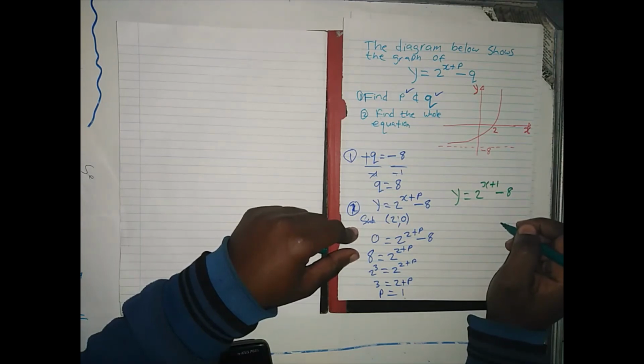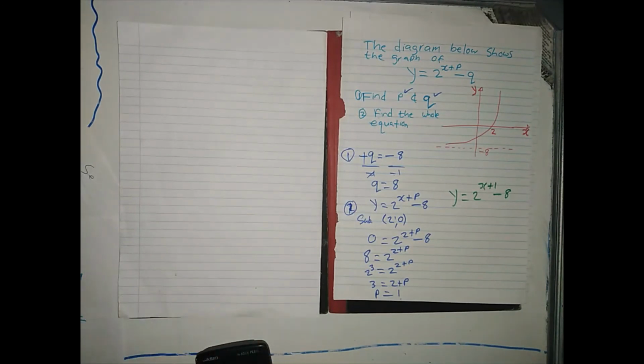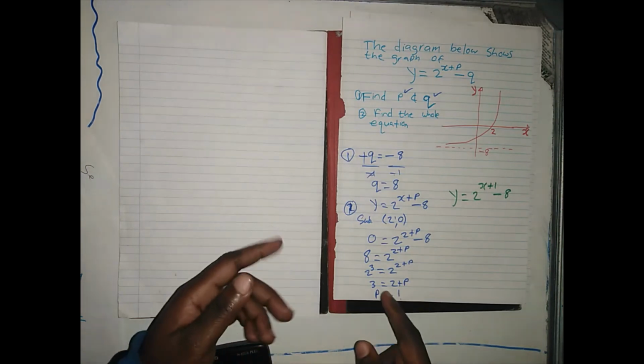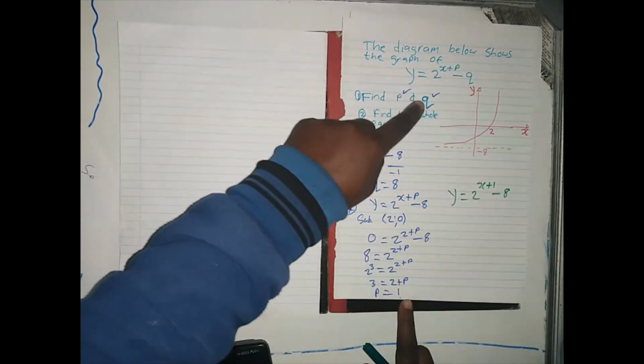Okay? So when you have an equation and they want you to draw the graph, you are now able to do so. But also when you have the graph and you are looking for the equations, you are also able to do so. But now they made it so easy here. They just asked us to find p and then find q.